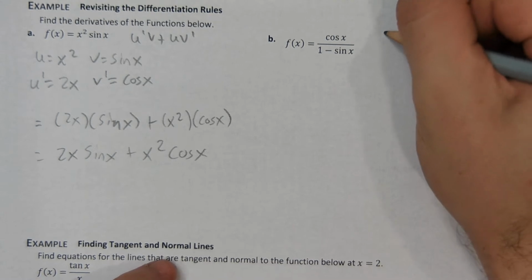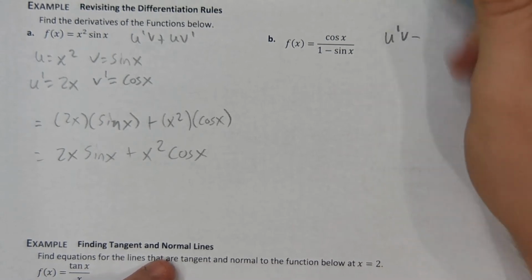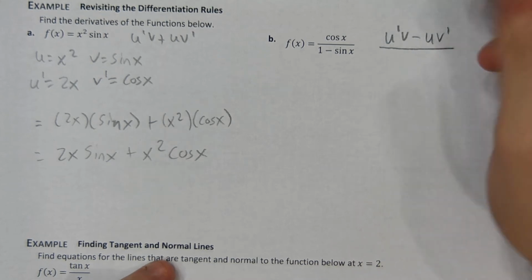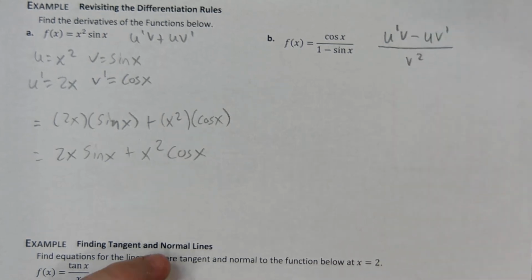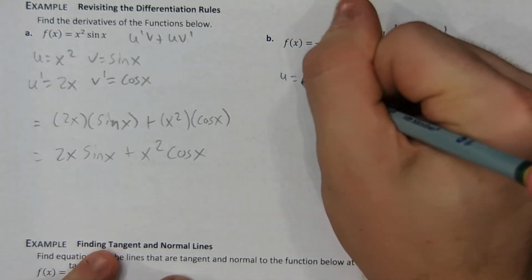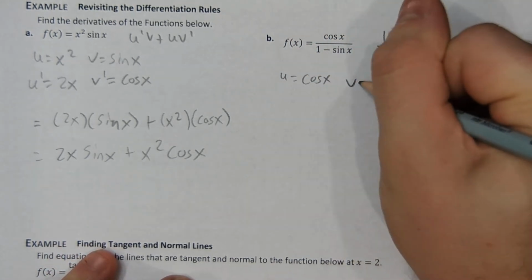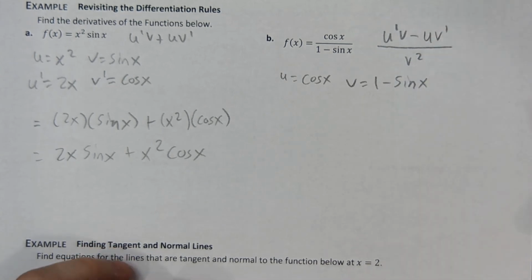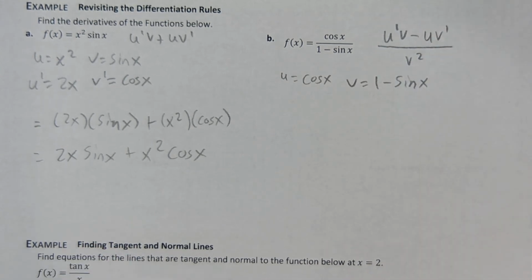Okay. This one, clearly a quotient rule. I feel like we got a lot of practice with the quotient rule on the last side of the paper, but whatever. There you go. U prime v minus uv prime all over v squared. This time u is cos x. V is 1 minus sine x. Okay.